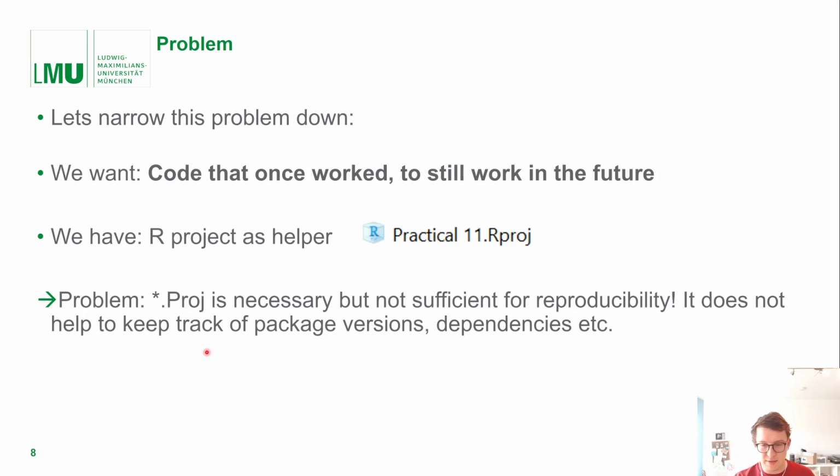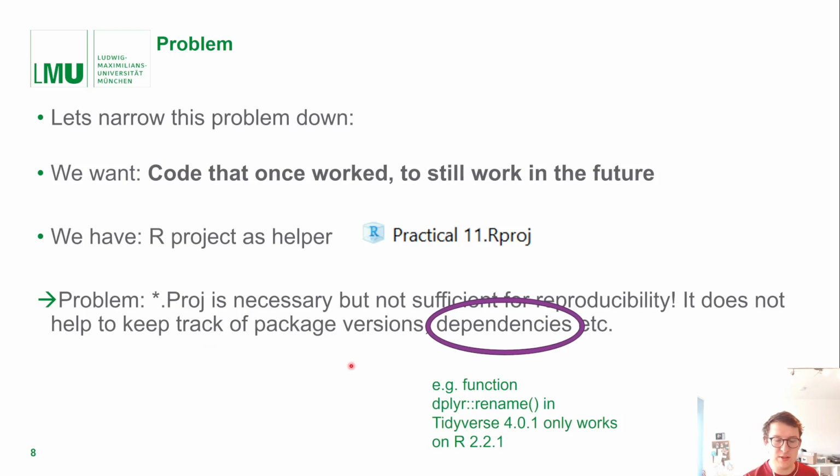And what I mean by dependencies, maybe you don't know it, so I just thought I would give an example. Let's say this is all just fictional, but for example, one teeny tiny function called dplyr rename within the tidyverse, in the version 4.0.1 of the tidyverse, only works on R 2.2.1.